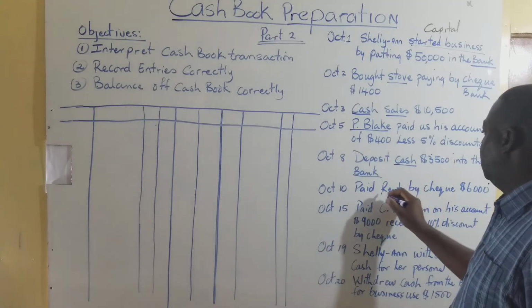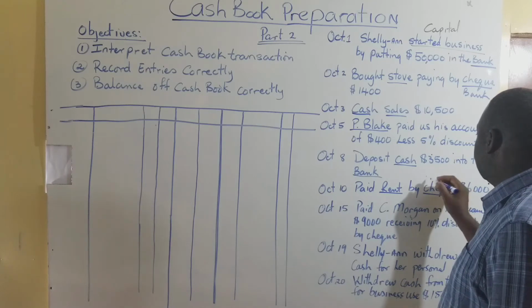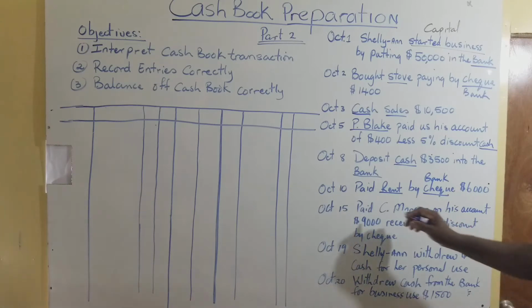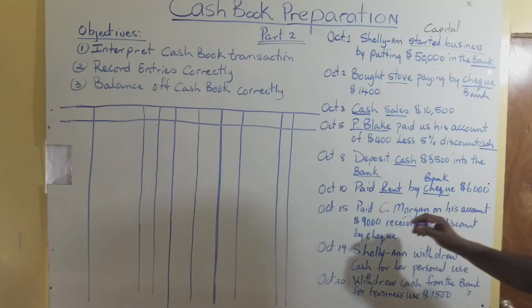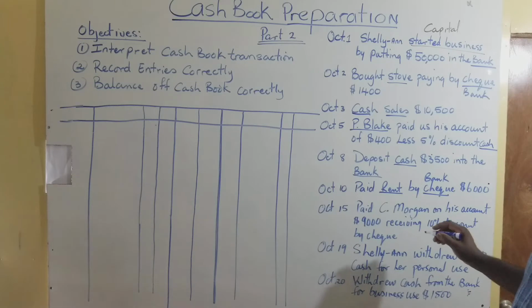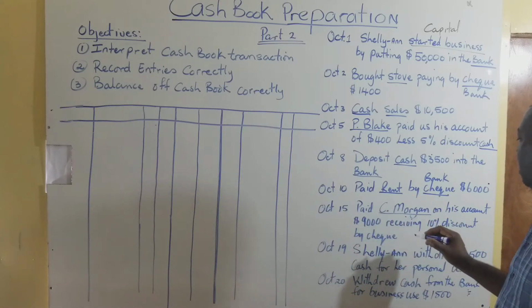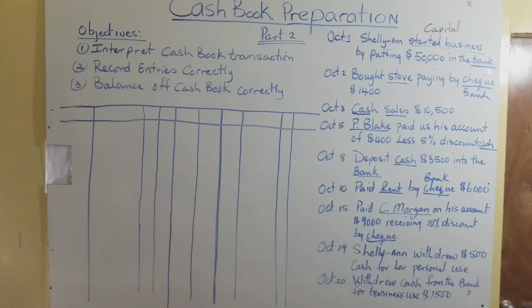What are we paying? We're paying for rent. What are we using? Check. So once we have check, it's going to be bank. Paid C Morgan on his account, $9,000, receiving 10% discount by check. So it's going to be C Morgan. And how are we paying him? We're using check, and so check is going to be bank.